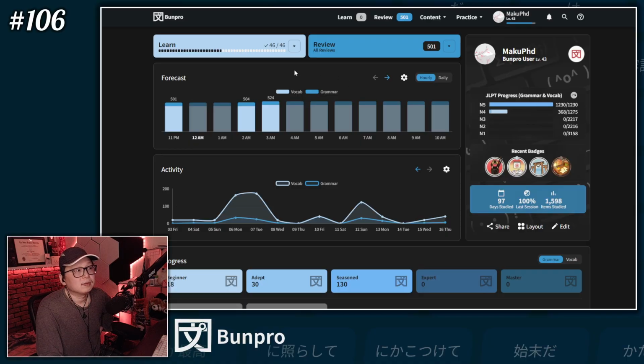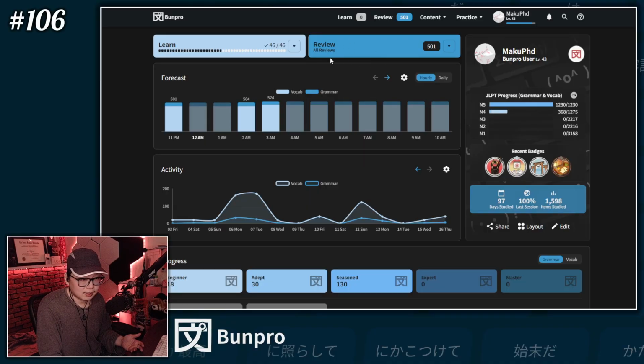Most people look at Bunpro and WaniKani as an accomplishment, like an achievement. So they would do it, and then it would be like, all right, we'll never use this again. We'll just wash ourselves of it, right? Well, you don't literally have to use this to continue using it.